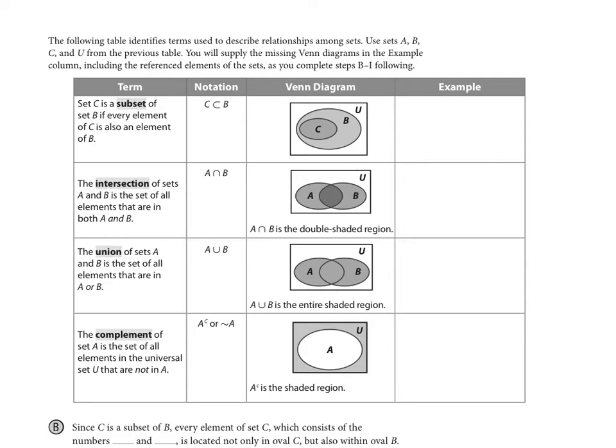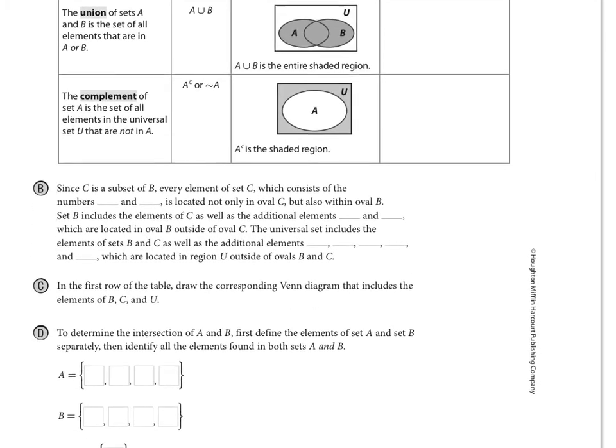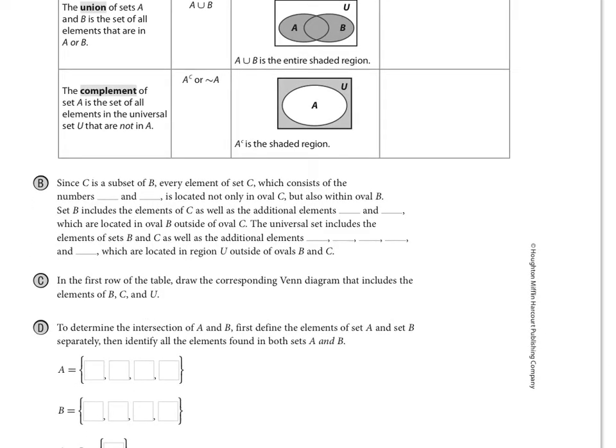So we're going to talk about how we use probability with all of those, but let's use the sets that we used on the previous page to fill in as we go here. For part B, right underneath the table here, we're going to be figuring out from the numbers that we just used which ones work.